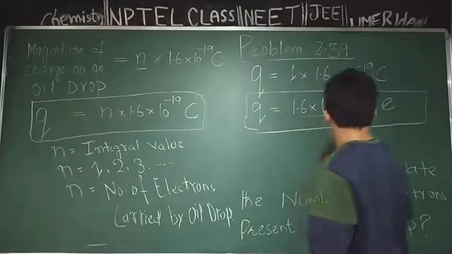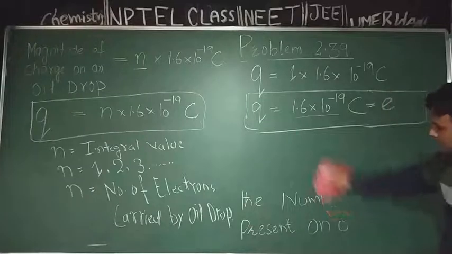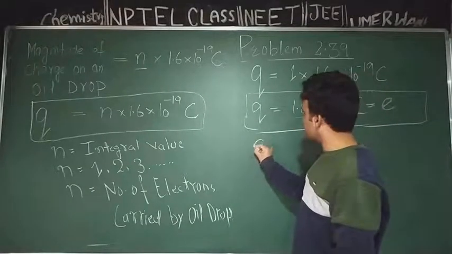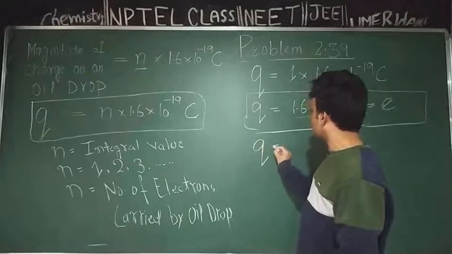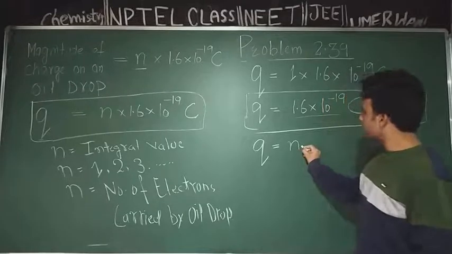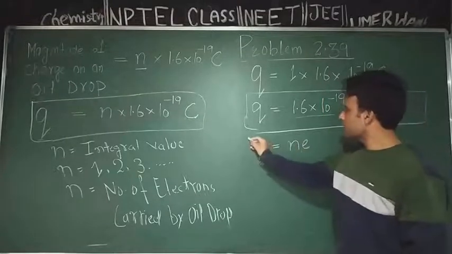Then I may write this equation like this: Q is equal to n multiplied by small e.